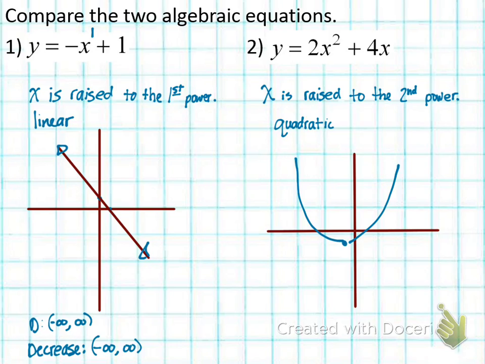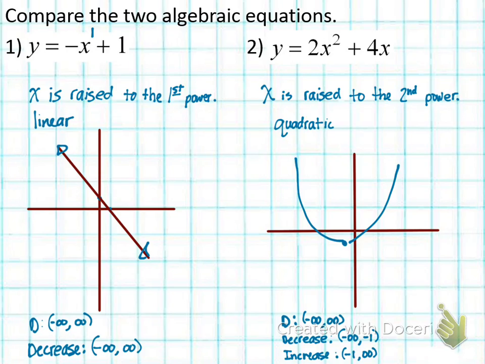So we would write our domain is the same, negative infinity to positive infinity, and we know it's decreasing in the interval of negative infinity to negative 1, and our increase is from negative 1 to positive infinity. Okay? And that's it. All right?